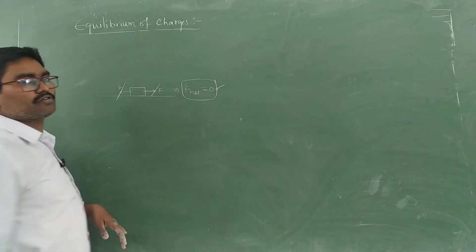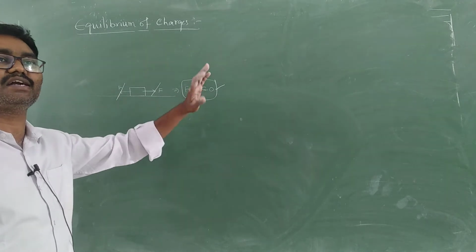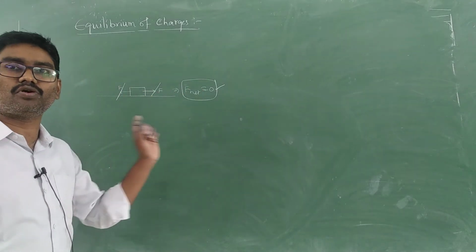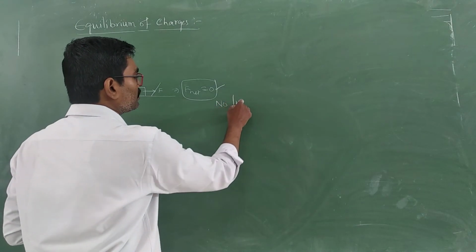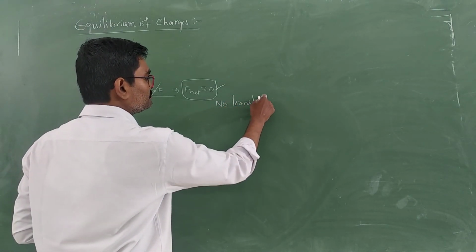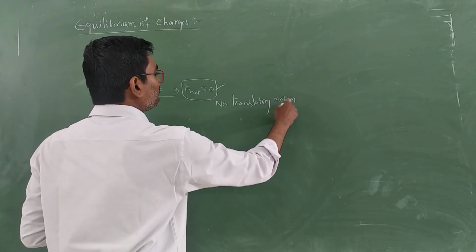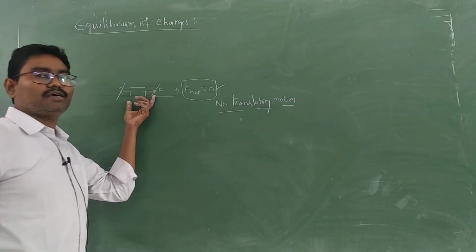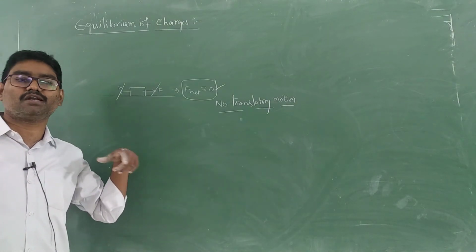That means these two are equal in magnitude and cancel each other, so net force is equal to zero. If net force is zero, the body will not take any translatory motion. So F net is equal to zero, no translatory motion. Then we can say the body is in horizontal equilibrium. Then what about vertical?